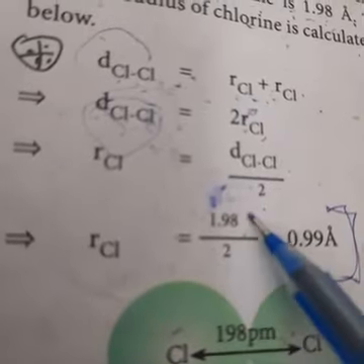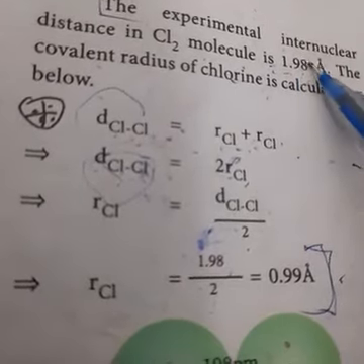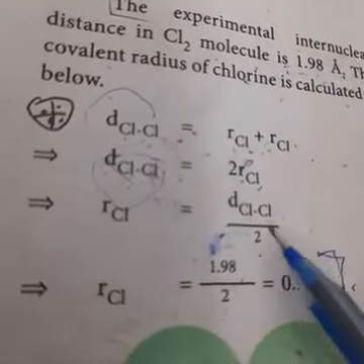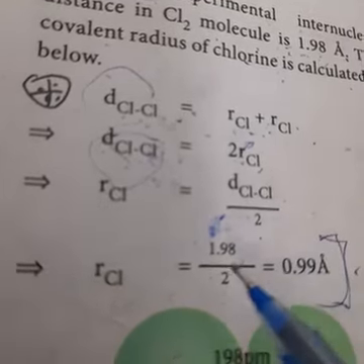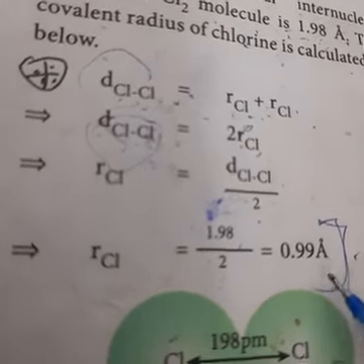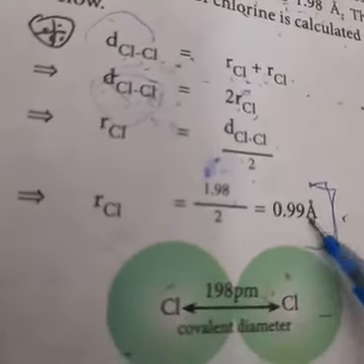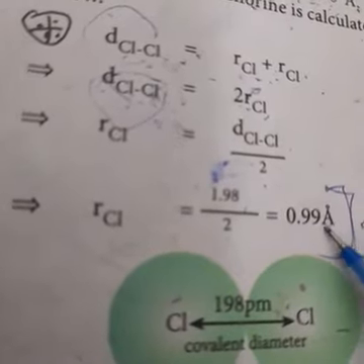The internuclear distance of chlorine and chlorine is 1.98, experimentally determined using X-ray diffraction studies. So 1.98 divided by 2 is equal to 0.99 Angstrom. Up to here, you have to mark.